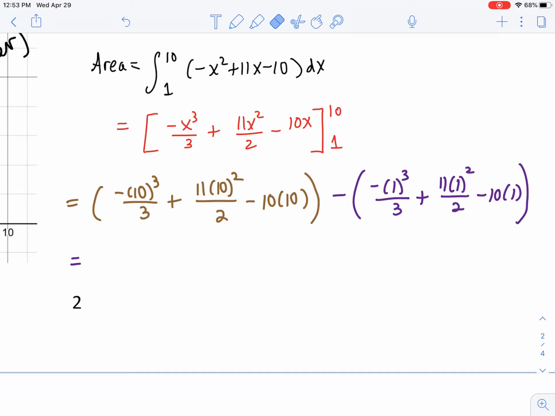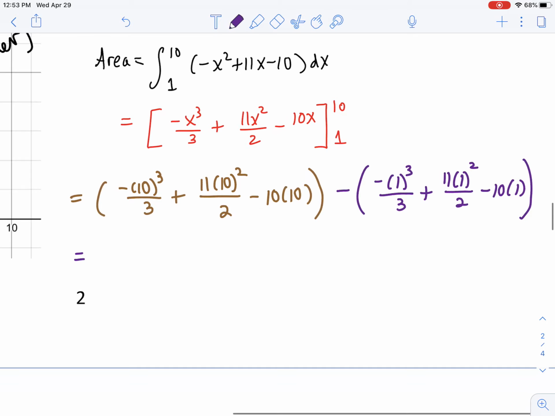I'm typing this on my calculator right now. Let me do the brown piece first, okay? 11 times 10 squared over 2 minus 10 times 10. The first one, the brown piece, came out to be 350 over 3. And then I'll do minus.